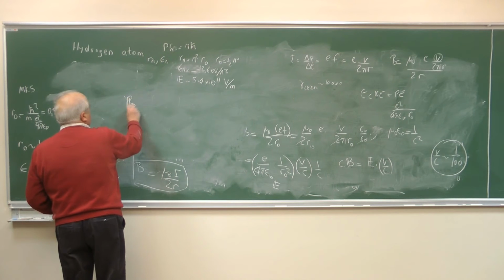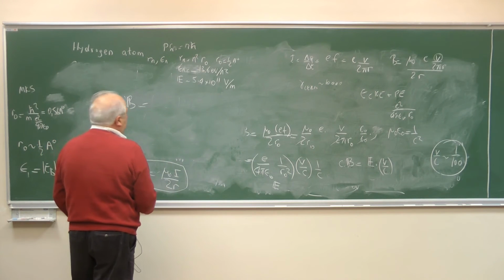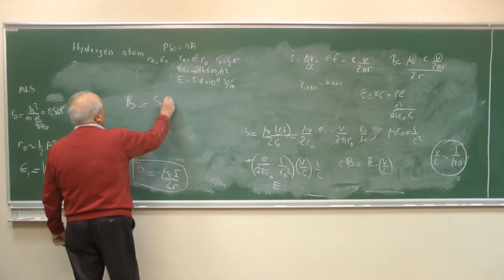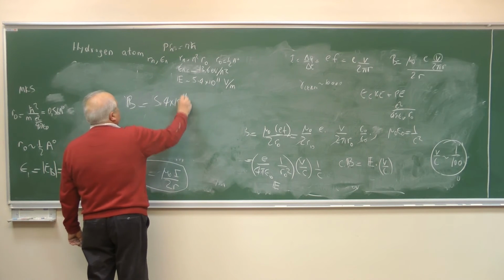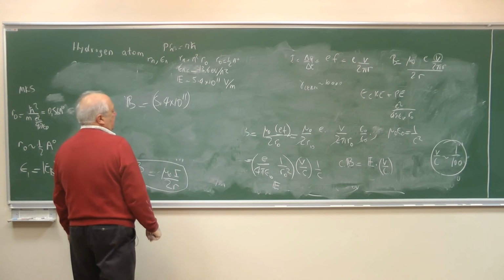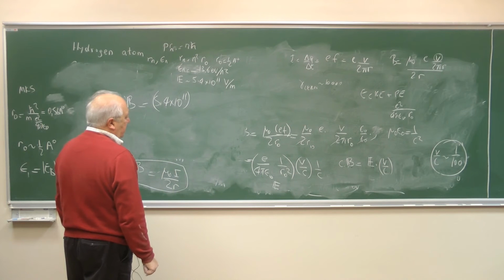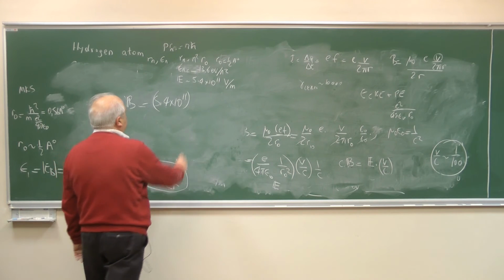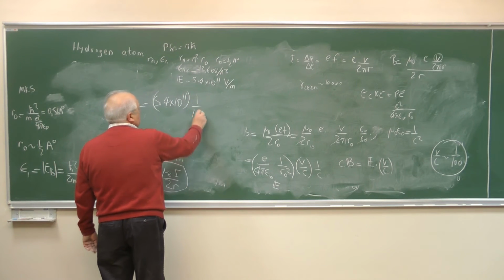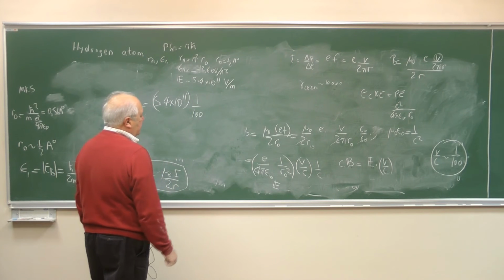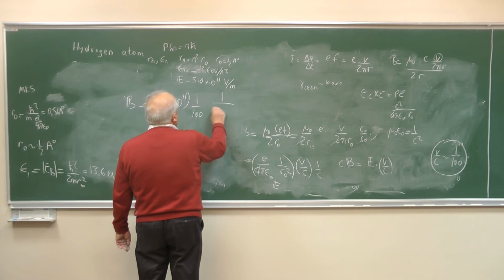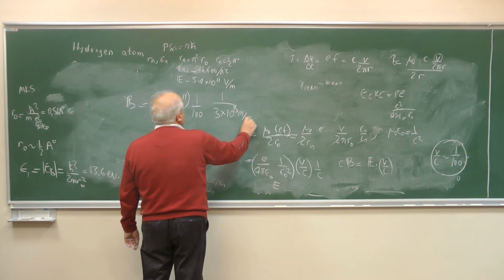B is equal to E, which is 5.4 times 10 to the 11 volts per meter, times V over C, that's 1 over 100, and then 1 over C, that's 1 over 3 times 10 to the 8 meters per second.